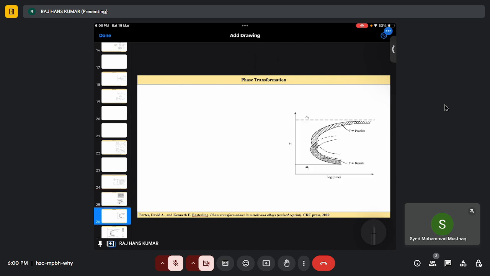Now, how do we control these rates? Here we can see it depends upon the cooling rate.